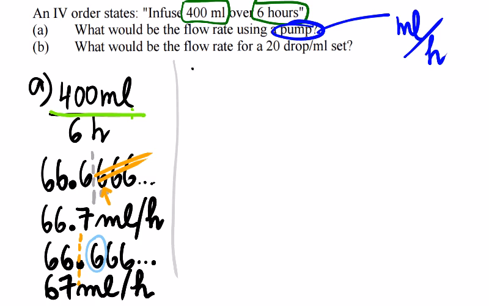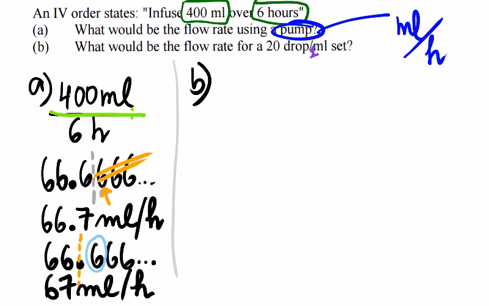Then in question B, we have to calculate again the flow rate, but this time using a 20 drop per mil set. Even if this had not been expressed here, if we knew or had been told this is a 20 drop set, we need to know that that is the 20 drop per 1 mil set. So how do we do this?